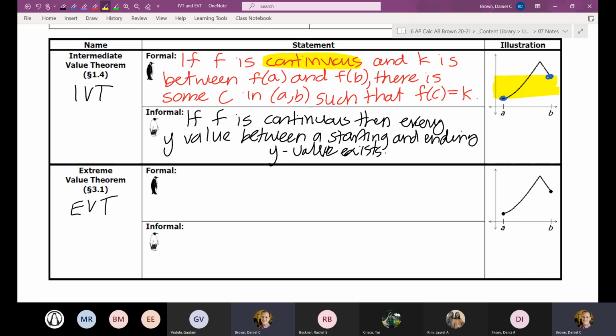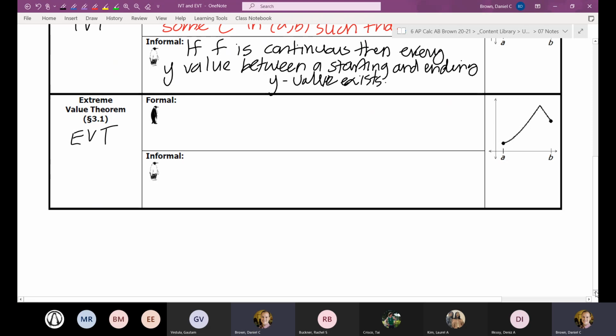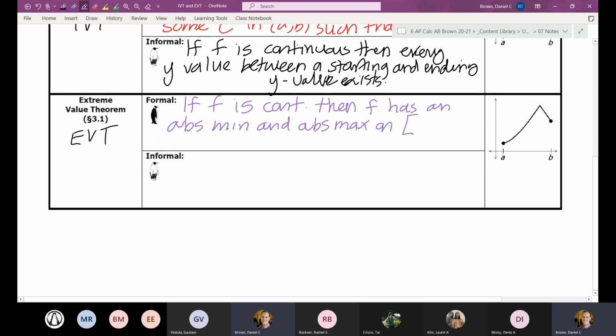And then we have the extreme value theorem, which is going to be similar. I think by its name, you can assume it's going to be talking about extreme values. And it basically states, if f is continuous, then f has an absolute minimum and maximum on the interval, and put brackets, not parentheses, a to b.